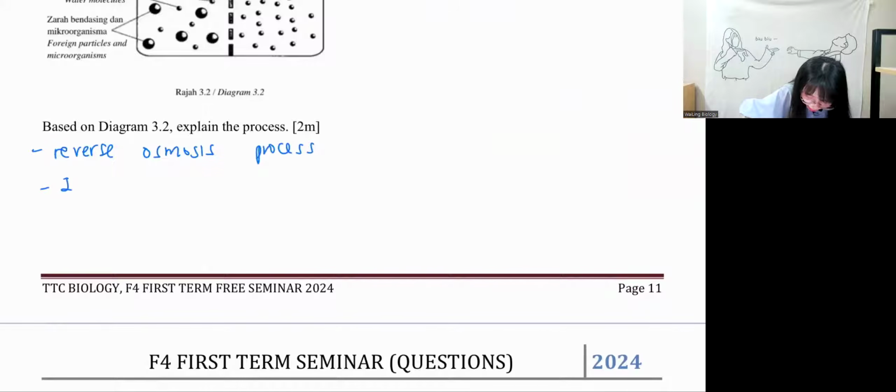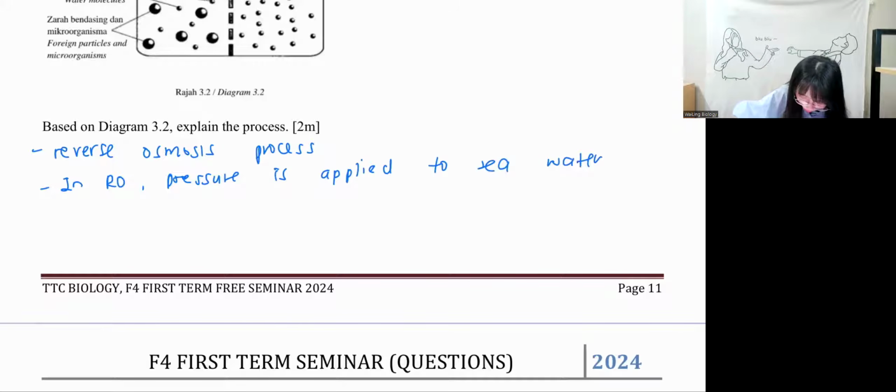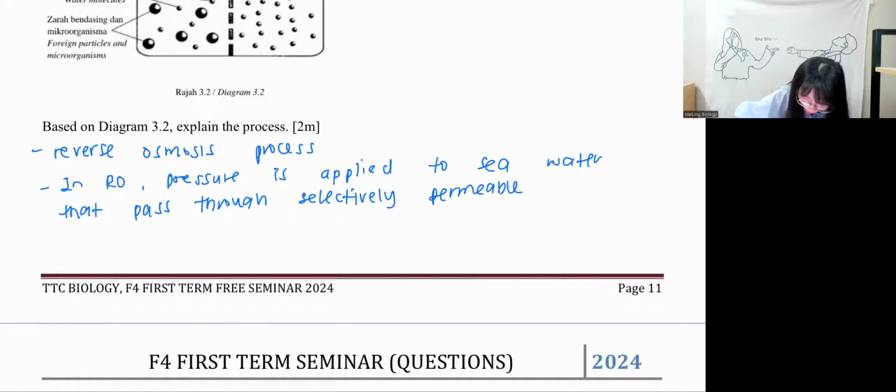So you're going to say in reverse osmosis, pressure is applied to seawater that passes through selectively permeable membrane.